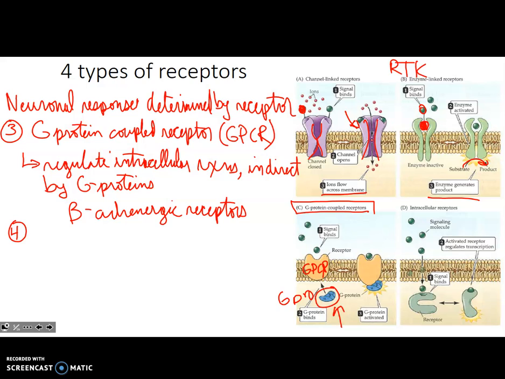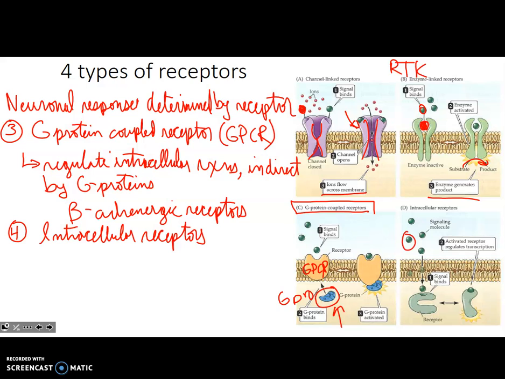Lastly, we will mention and talk about some examples of what we think of as intracellular receptors. These receptors require the ligand to be cell permeant, okay? So in this case, there's nothing on the surface with respect to the receptor, right? And in these three other cases, the protein was bound to the surface.